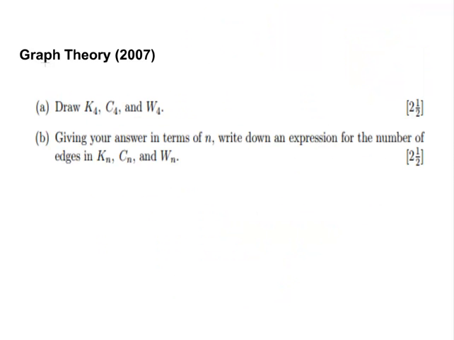Now that's not the full question. Draw K4, C4 and W4. I've drawn K4 already, so I'll just draw C4 here. It's a very quick exercise. 1, 2, 3, and 4. That's C4, a cycle graph.